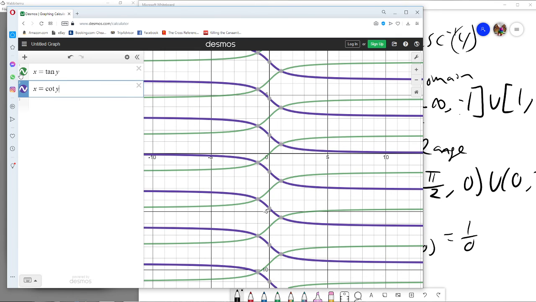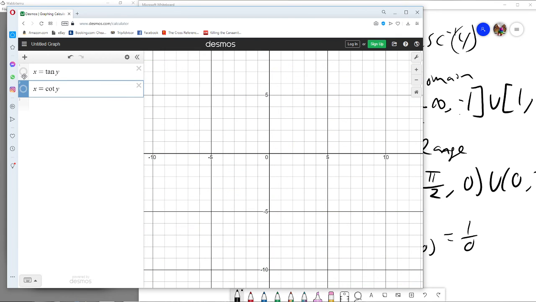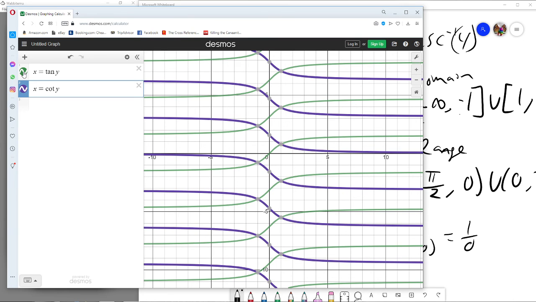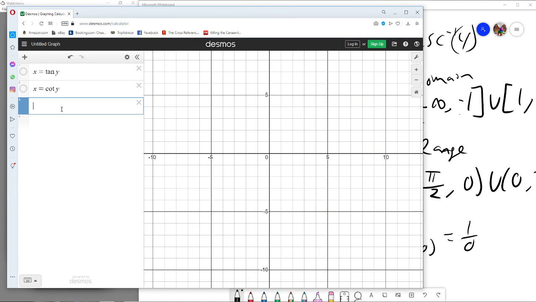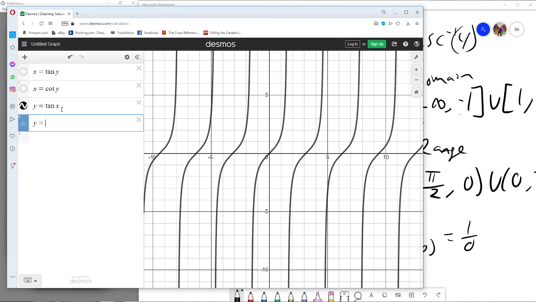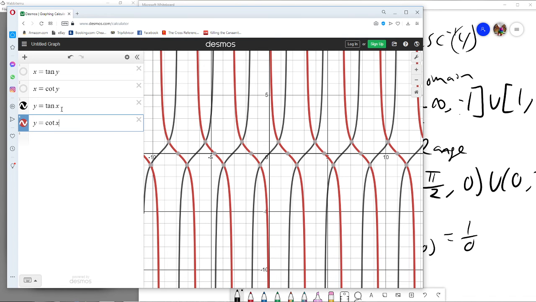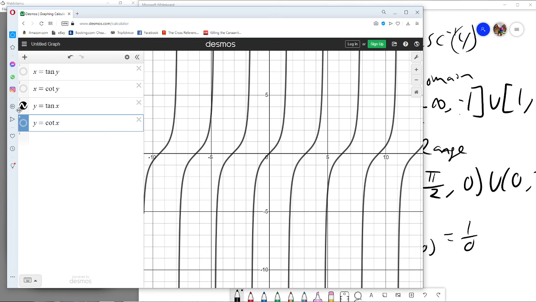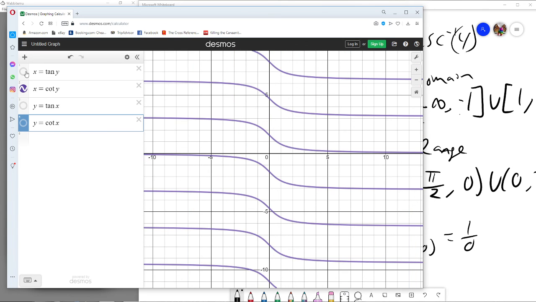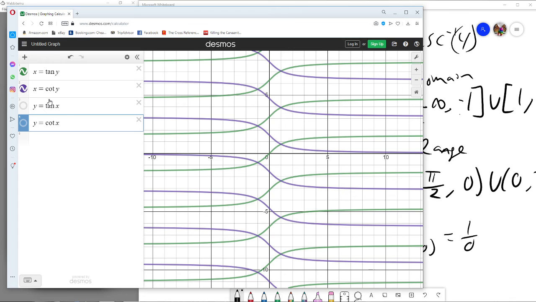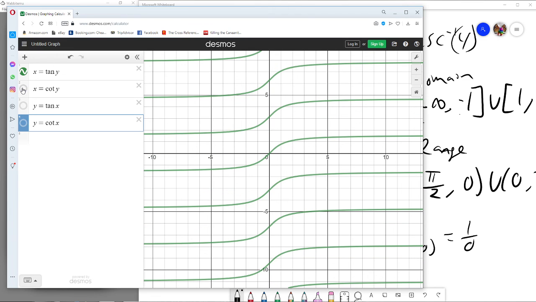It's pretty much a way of just going in the opposite direction, which is what we should expect. Recall the graph: here's tangent x, and here is cotangent x. Notice how they're opposite, so it should be no surprise if they're opposite for the inverses. As we can see here, we have to restrict the range again.